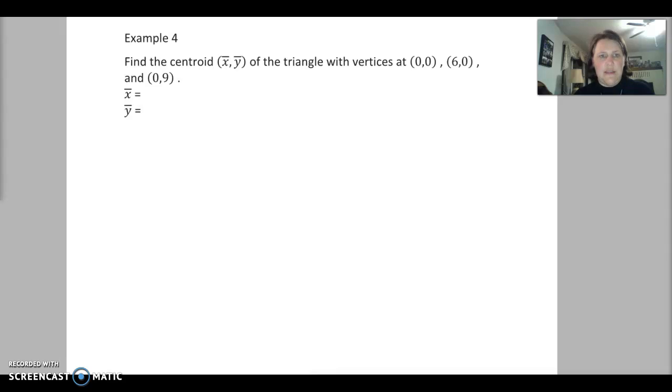Okay, now we're on to example number 4. So find the centroid, x bar, y bar, of the triangle with vertices. So let's draw this out real quick. 0, 0, 6, 0, and 0, 9.